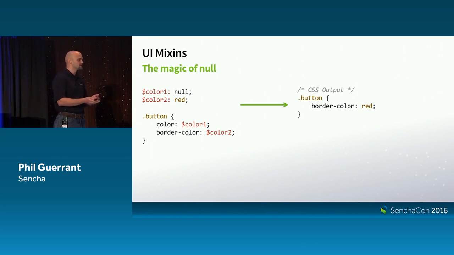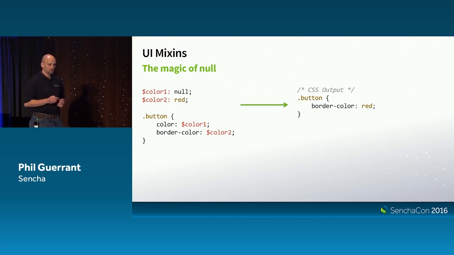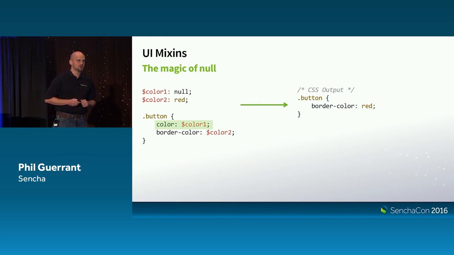If neither one of these variables had a value, if they were both null, that entire rule would be eliminated. So it's a great space optimization for your CSS files. And we take advantage of that heavily in the modern toolkit to make sure your file size is very minimal. So that one was completely eliminated because it was null.